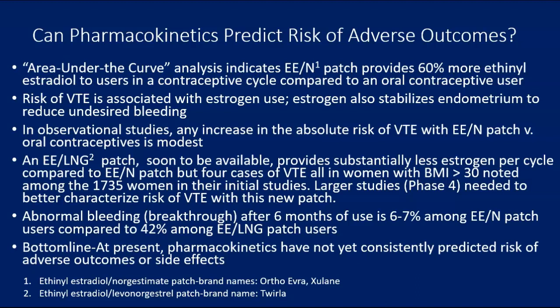So the bottom line is, although pharmacokinetics look interesting, they have not yet consistently predicted risk of adverse outcomes or side effects in a way that pharmacokinetics can be used clinically to any great extent.